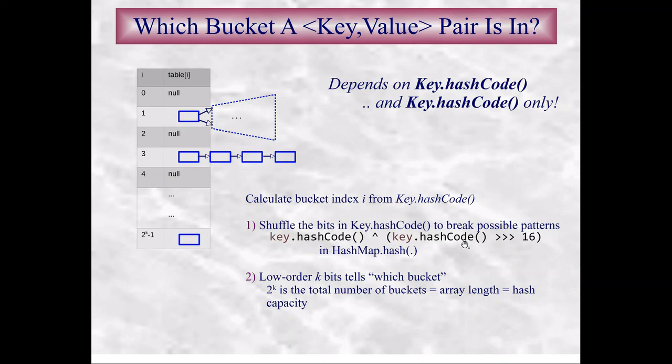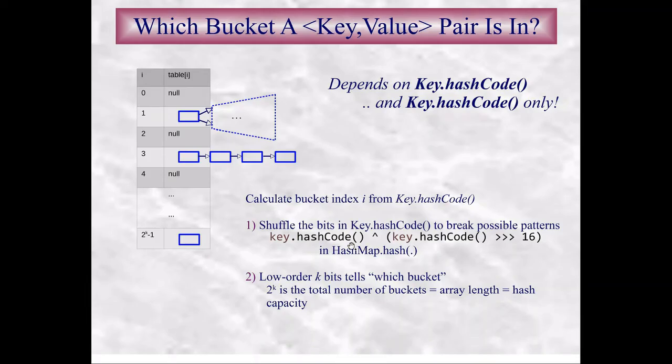Just quickly, what this does is it keeps the high order 2 bytes as is. So an integer is 4 bytes. The first 2 bytes remain as is. And as for the second 2 bytes, it takes the exclusive OR of the first and second half, and that's it.